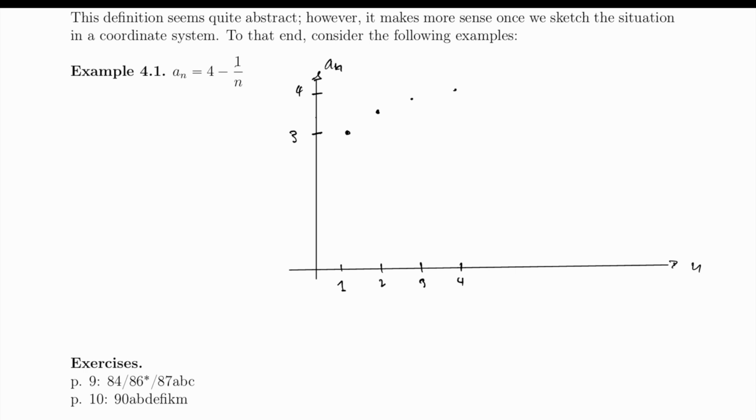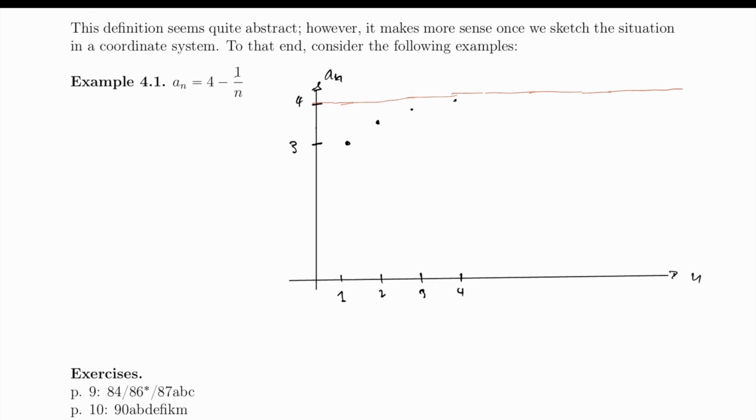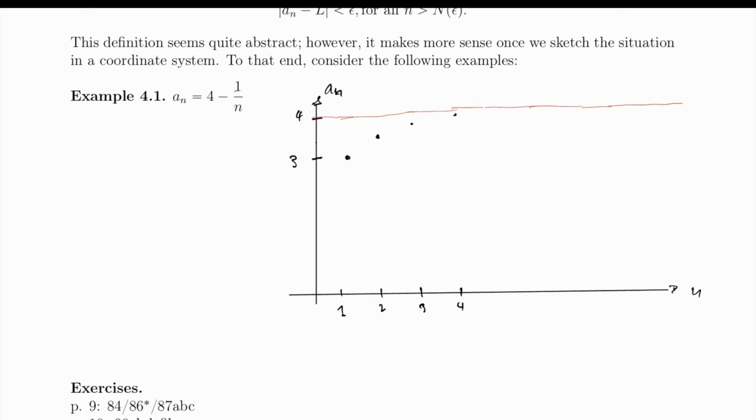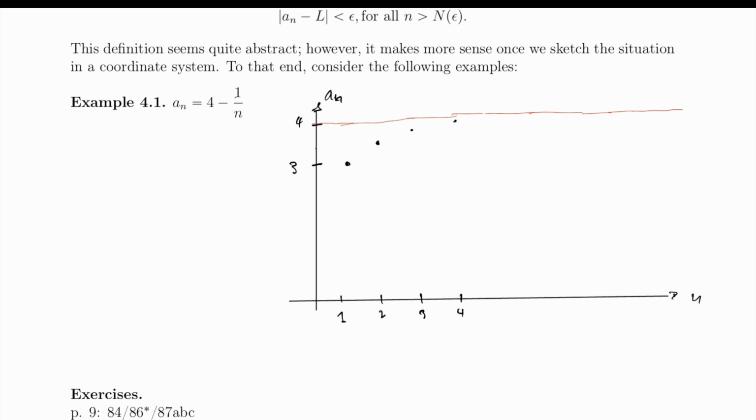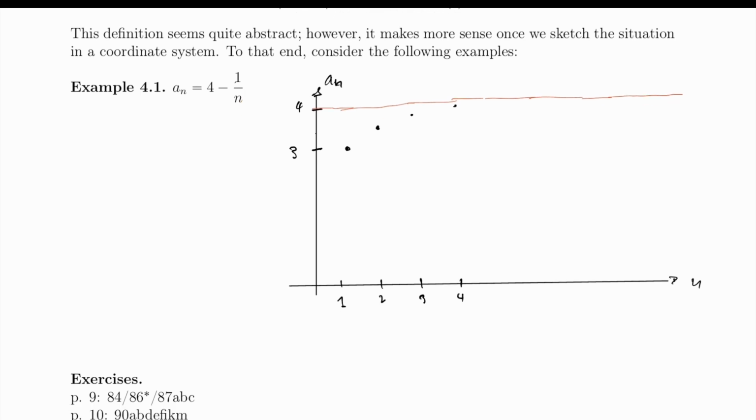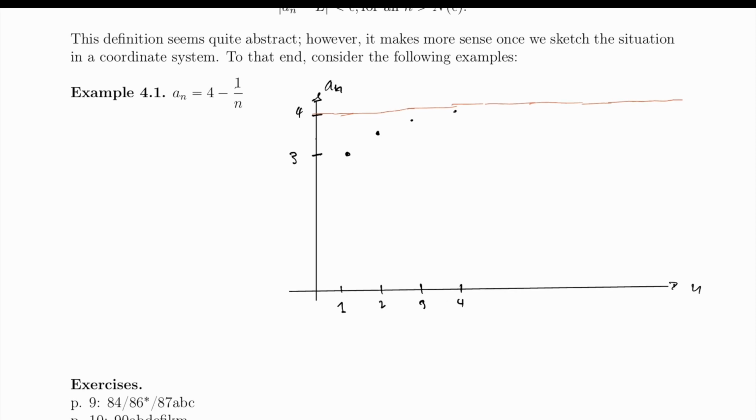Here the elements get harder and harder to plug in accurately, but what you see is that 4 is a threshold that is never touched or crossed, and it's also the limit, of course, because 4 minus 1 over n approaches 0. So with our intuitive notion from before, we already know that 4 is the limit.